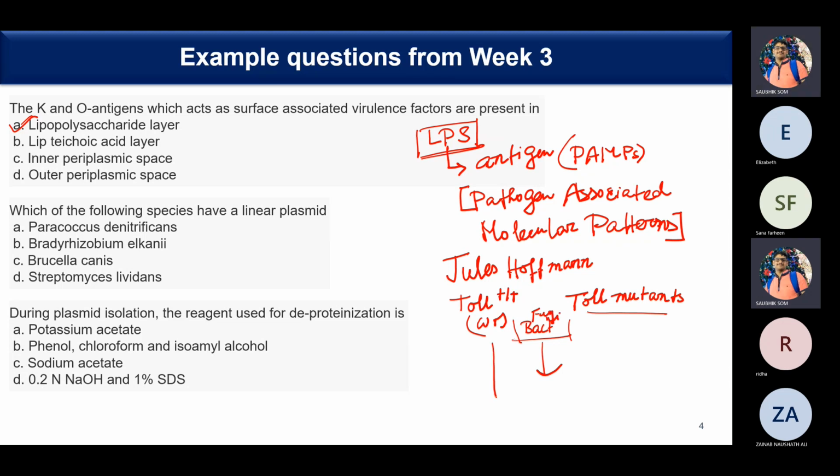He observed that wild type flies after the infection were perfectly fine, like they were happy. But toll mutants got a severe bacterial infection and were not able to survive.